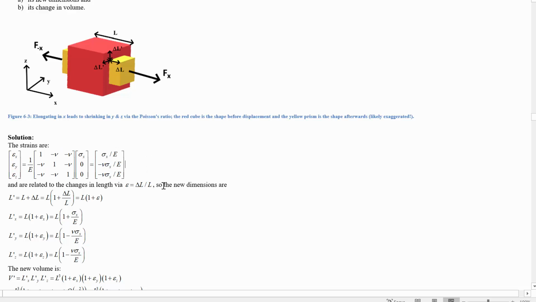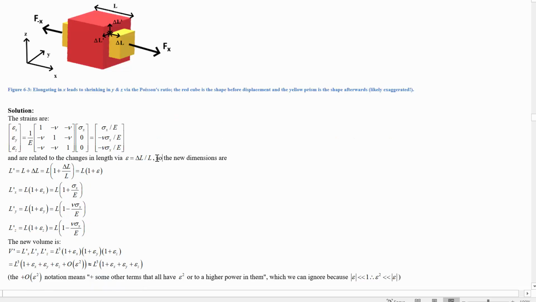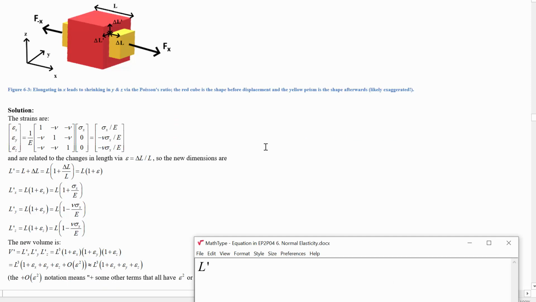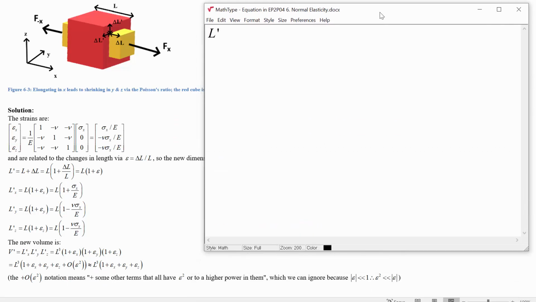Remember that strains are delta L over L, the change in length per unit length. So the new dimensions, the L primes: the original length L prime is equal to the original length plus the change in length, yeah? And the original length is actually kind of included in this change in length.